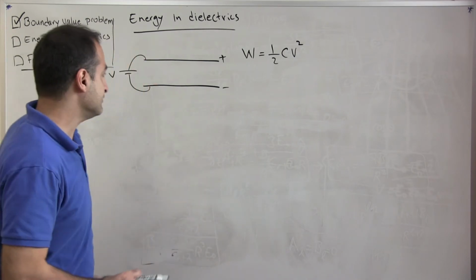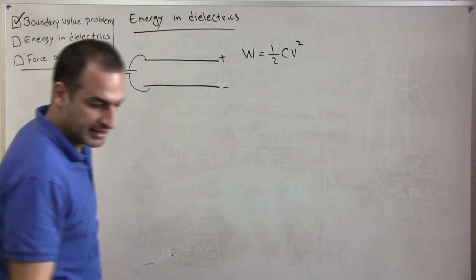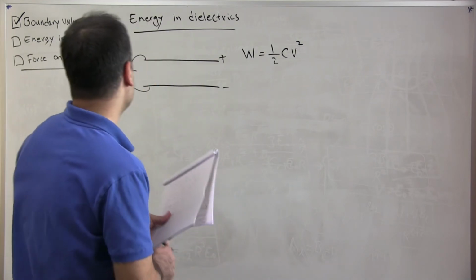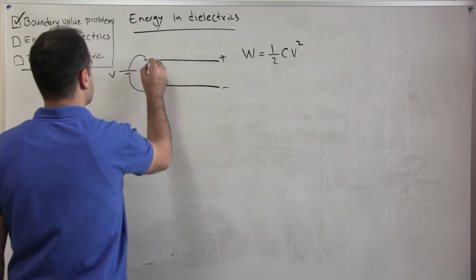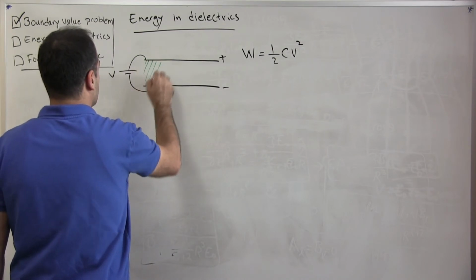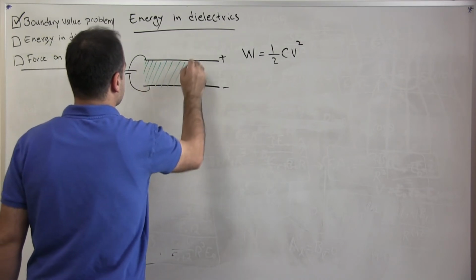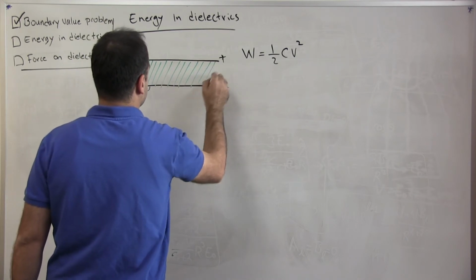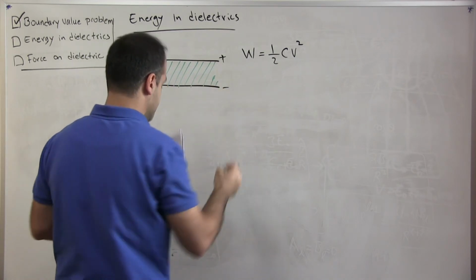Okay, now think about this. Imagine we put a dielectric slab inside the capacitor, okay? So when we fill it with a dielectric slab, what happens is that the capacitance we calculated changes, right?